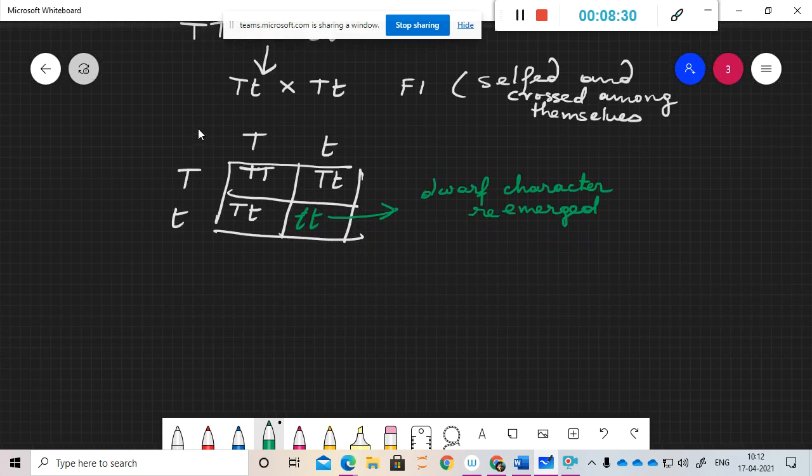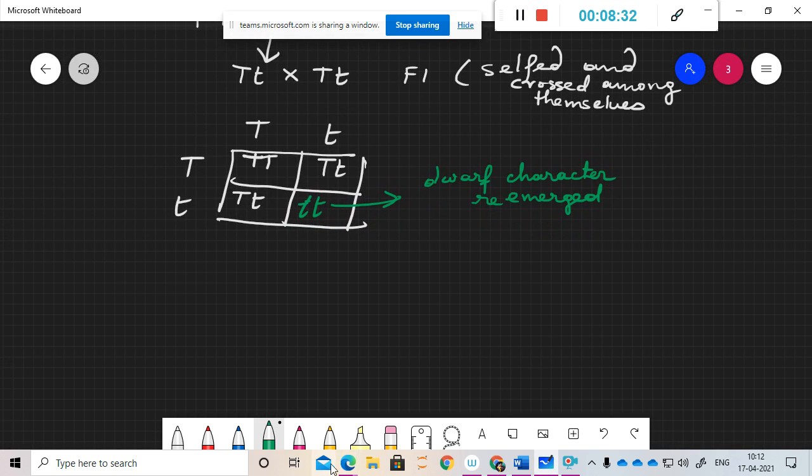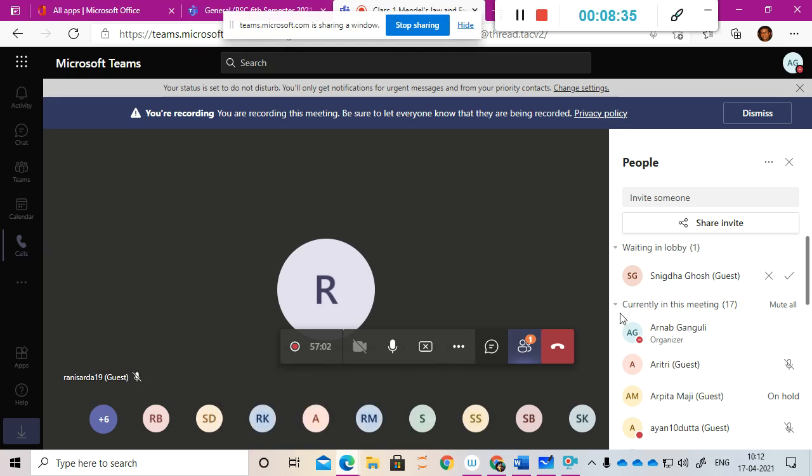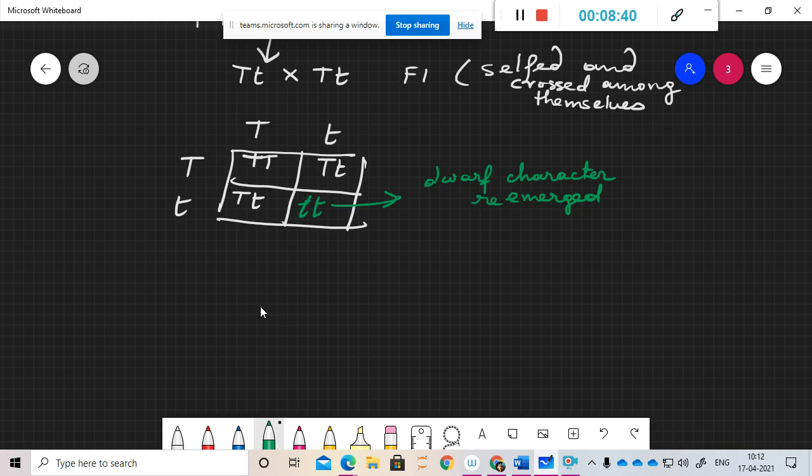So when the dwarf character re-emerged, that meant that when this F1 self cross Tt into Tt was being done, the gametes separated or segregated independently.